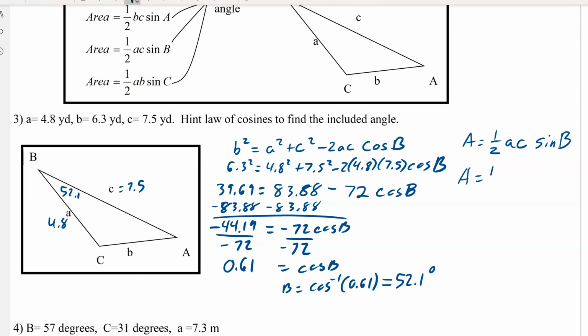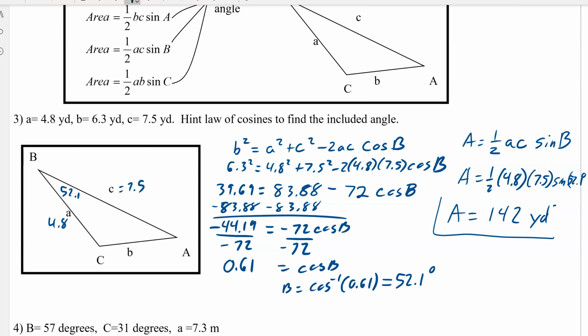So area equals 1/2, 4.8, 7.5, and then sine of 52.1. Plugging that in your calculator. So our area here is 142, and we're going to leave it there. So 142, and it's yards, so yards squared.